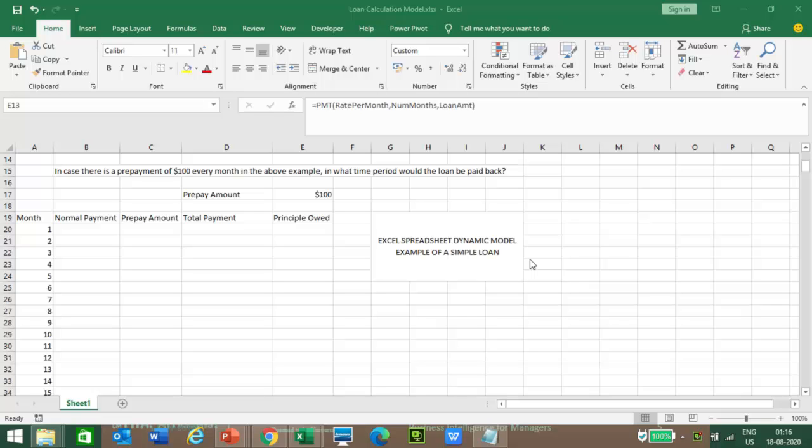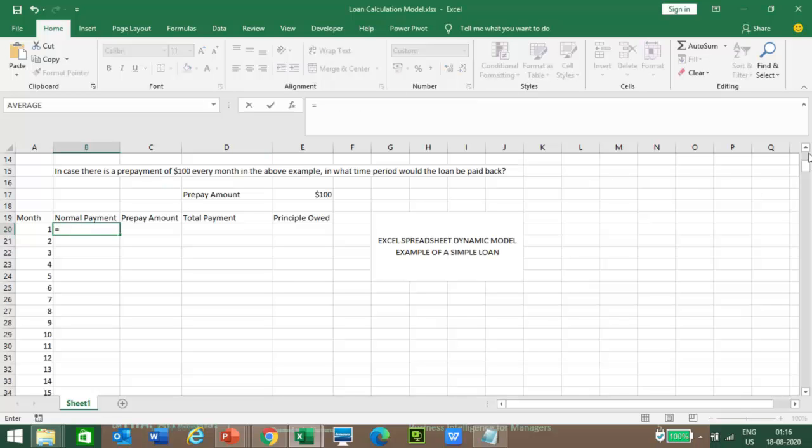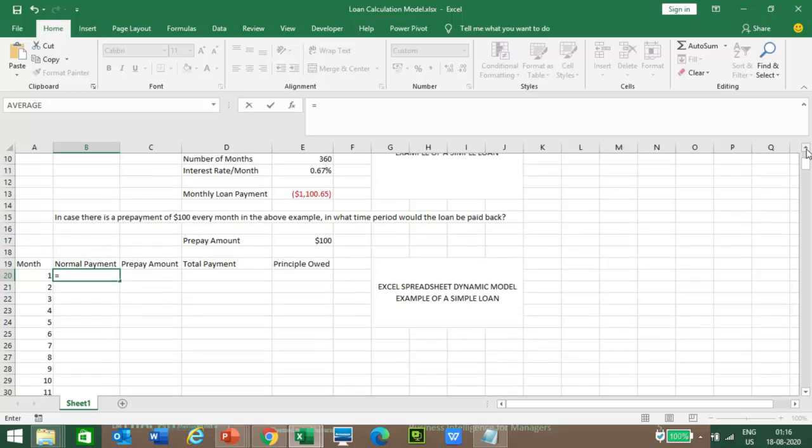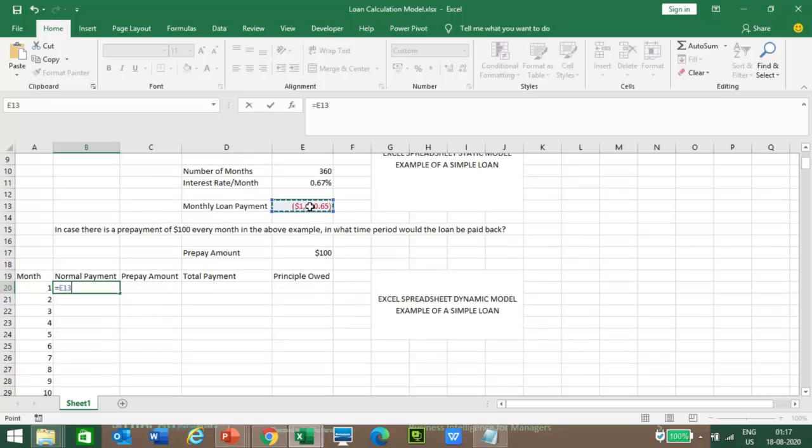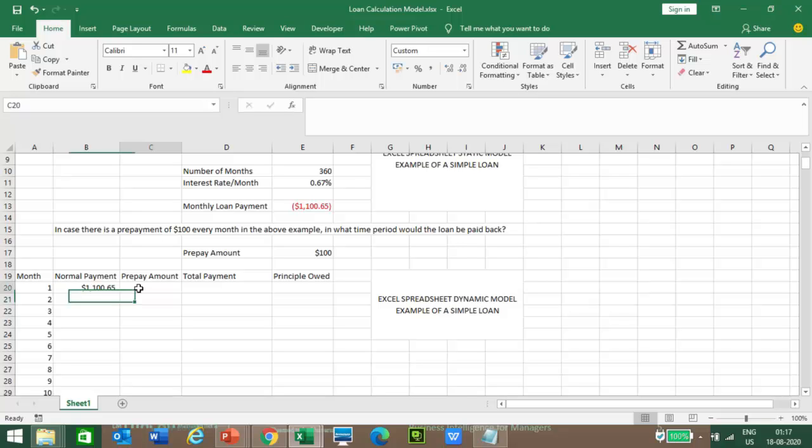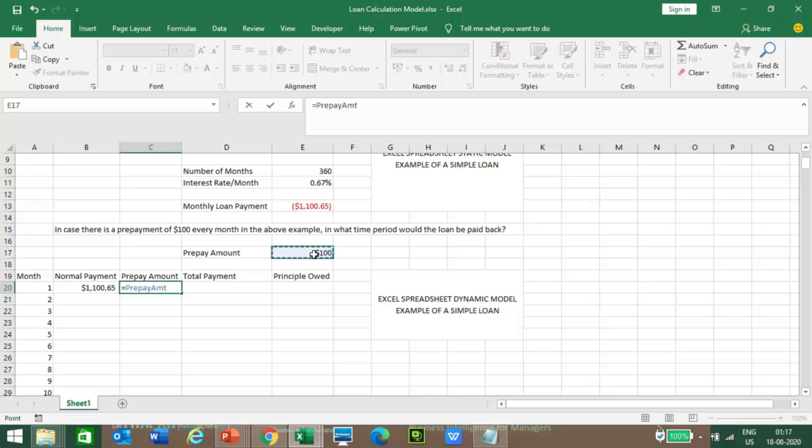So let's calculate this. So the normal payment that we have is equal to $1,100. So we'll take it from the above example. The prepayment amount is equal to $100. This is in addition to the normal payment amount that is being paid by the user.